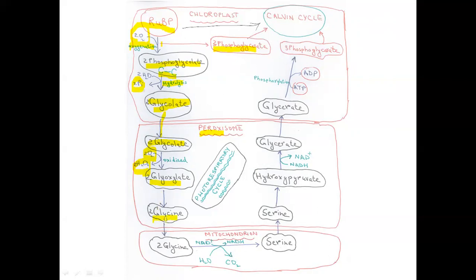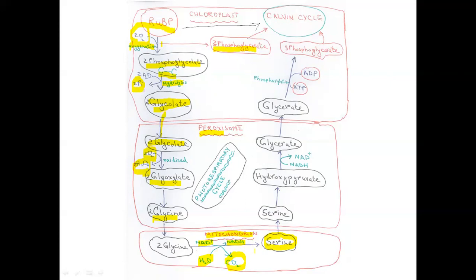Now the glycine will be transported from peroxisomes to mitochondria. So the glycines, through the hydrolysis reaction, will react with water and NAD plus. So the compound synthesized will be serine, but at this stage carbon dioxide will be released and NADH will be released.